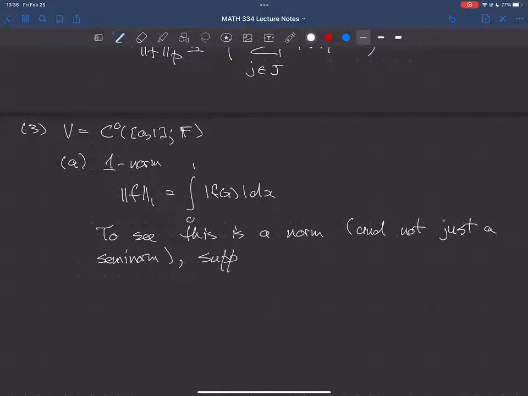All right, so suppose that the one norm of f is equal to 0, but f is non-zero. Okay, so I'm going to arrive at a contradiction by doing this.